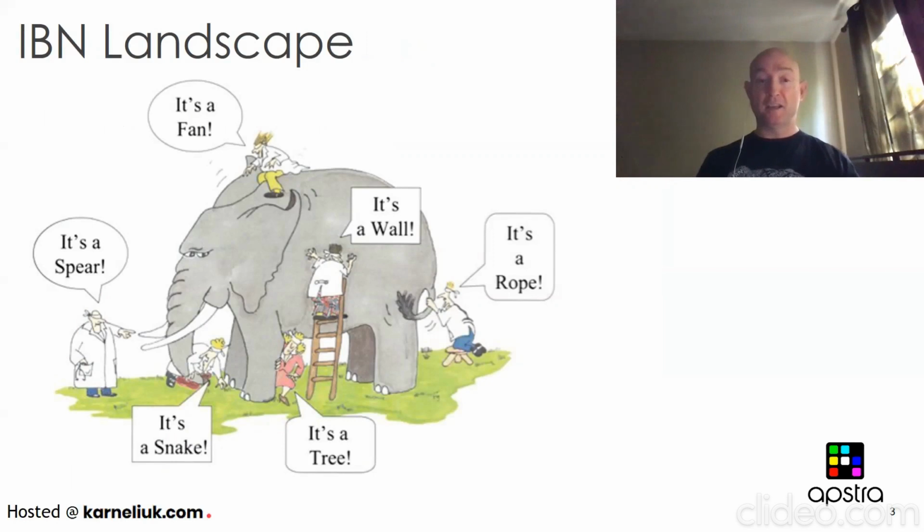If you take a partial view of your network, you get what you see in the picture. It might be a wall to one, a rope to another, or a tree to a third person. If you could take a step back and say, look, it's an elephant, wherever you look, you see different details of an elephant, but as a whole, it's an elephant.